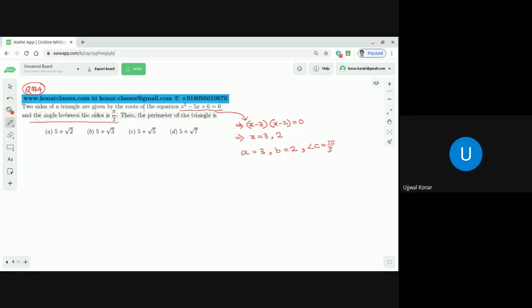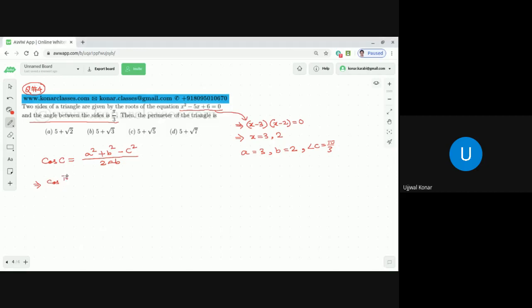So we know one formula, dear students. That formula is that cos C is equal to (a square plus b square minus c square) divided by 2ab. So cos C here is cos pi by 3.